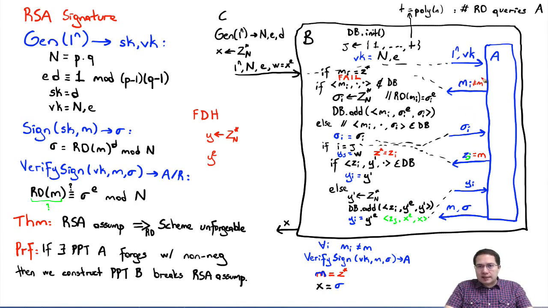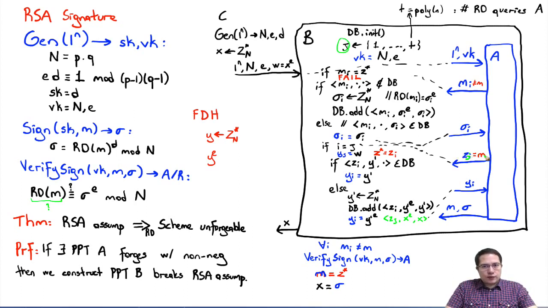And M must not have been queried to the signing oracle, otherwise the adversary cannot win. So let's think about it this way. If our guess of this particular J was correct, so we correctly guessed the J value such that Zj is indeed M, then let's see what happens.